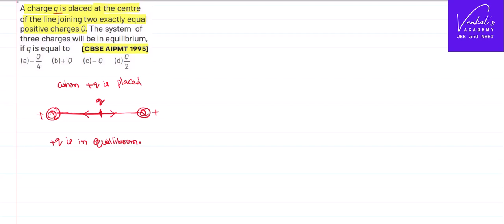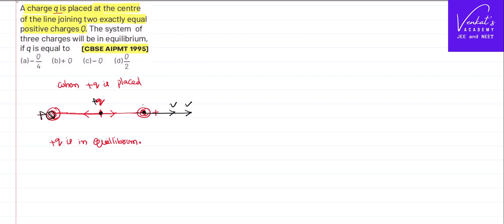For that to happen, let us consider the plus Q, any other charge. On this plus Q, this plus q applies a repulsion. On this plus Q, the other plus Q, also a positive charge, also applies a repulsion.